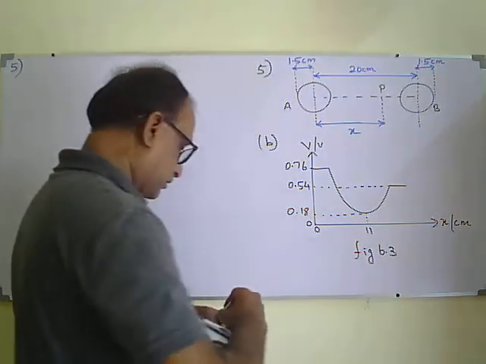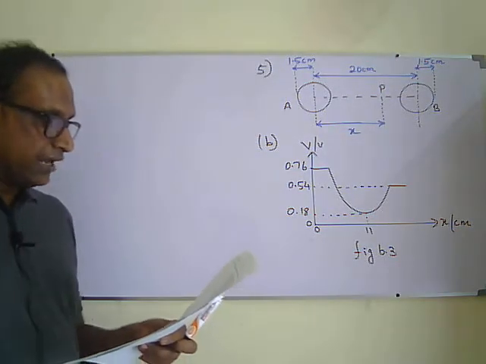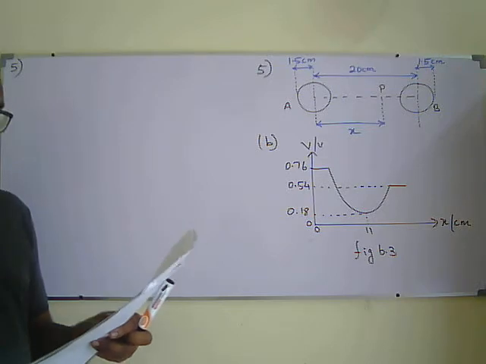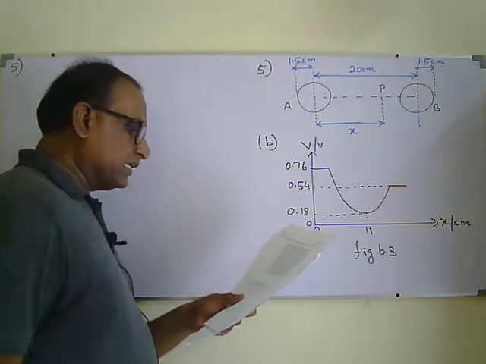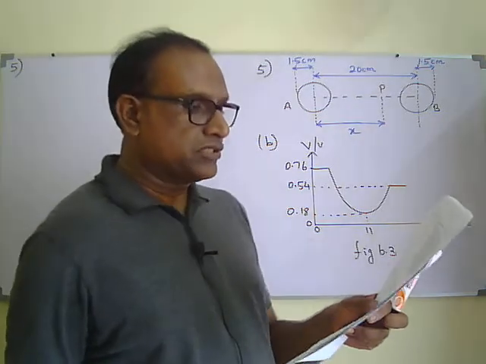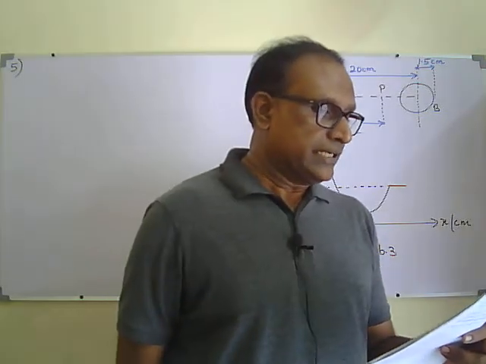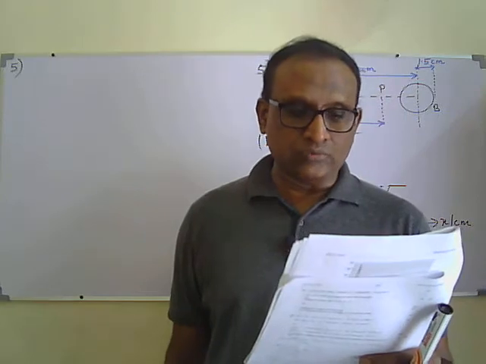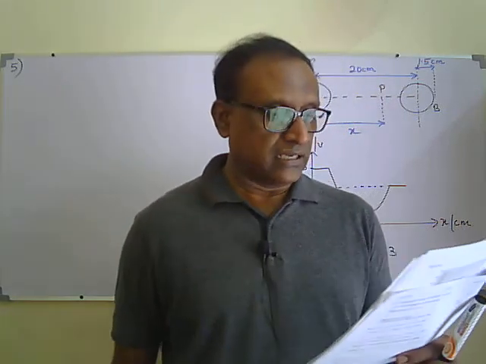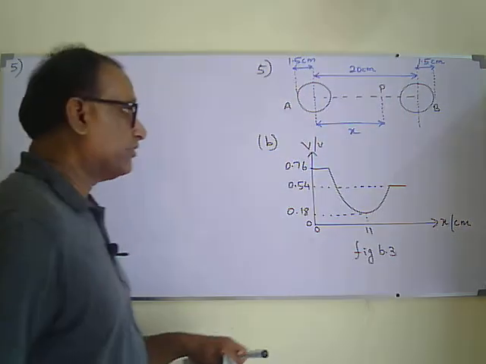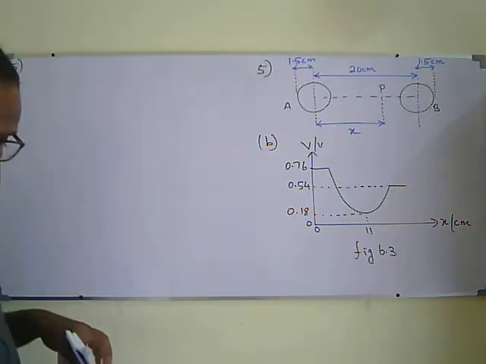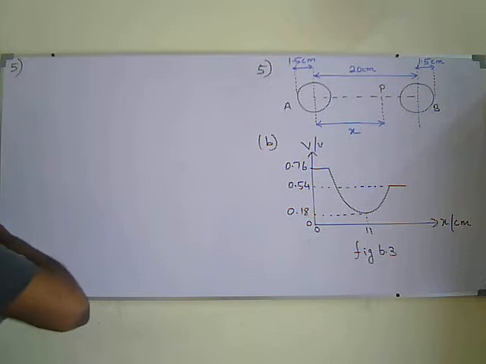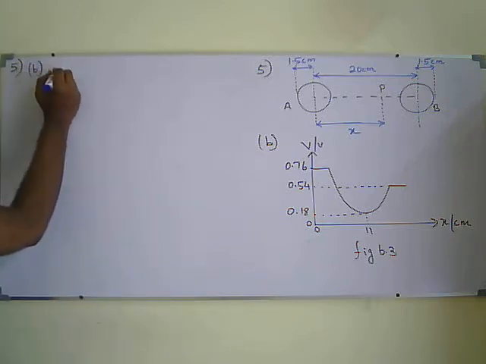An alpha particle is initially at rest on the surface of sphere A. The alpha particle moves along the line joining the centers of the two spheres. Determine for the alpha particle, as it moves between the two spheres, its maximum speed. That is the first part of question number 5, part B: we need to find the maximum speed.